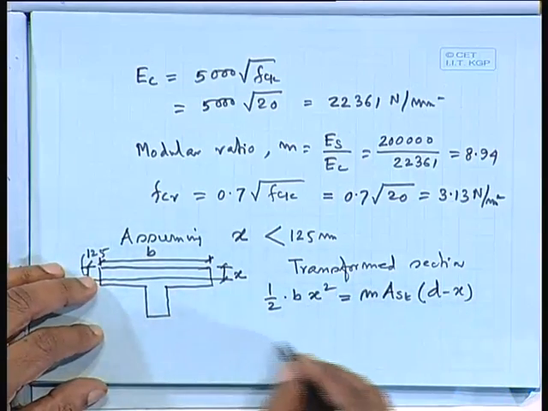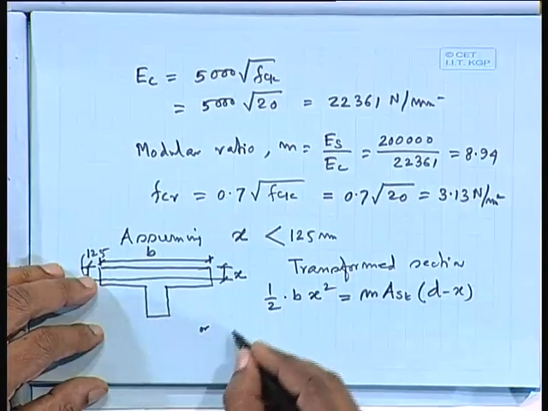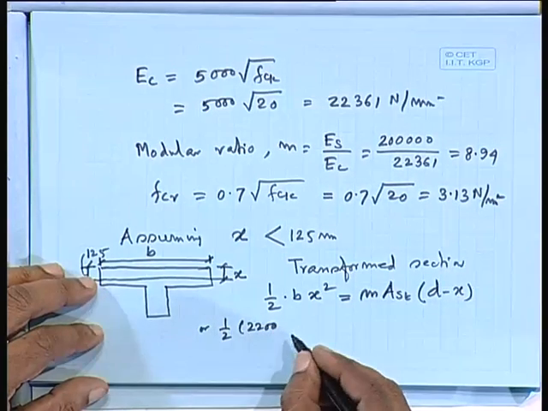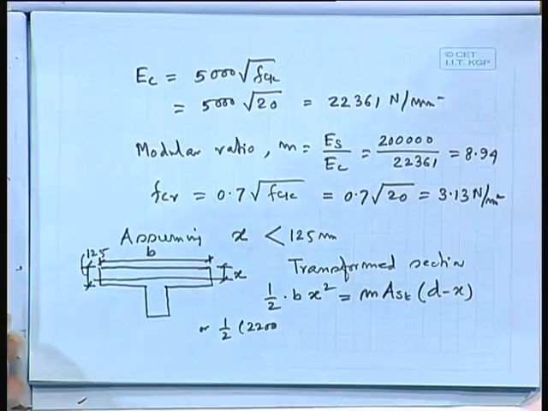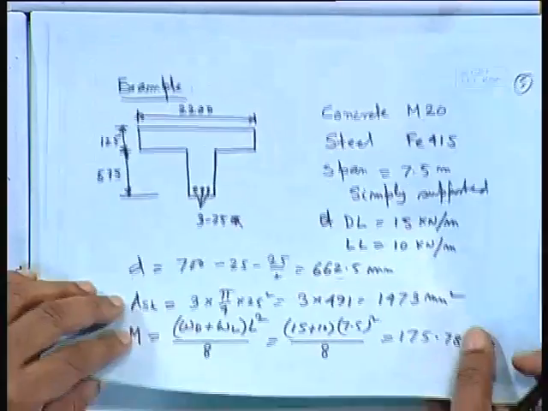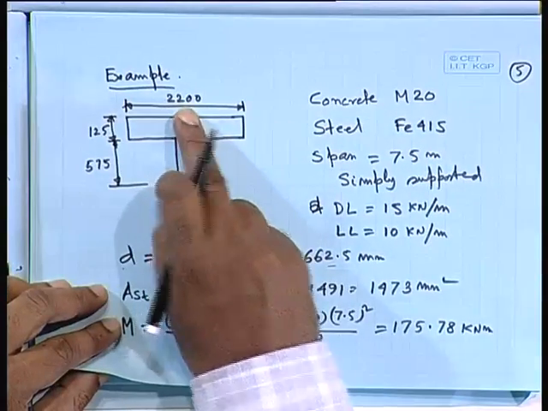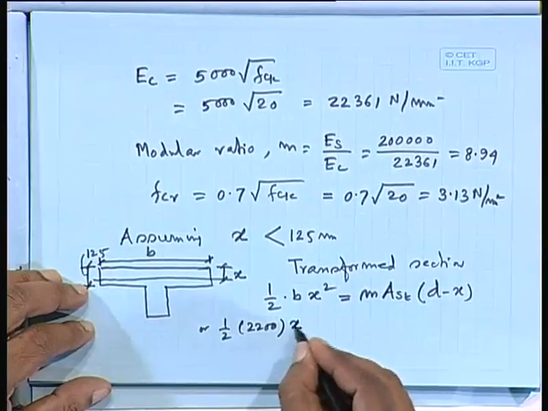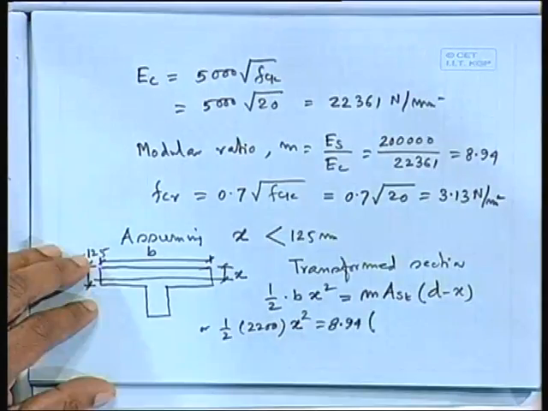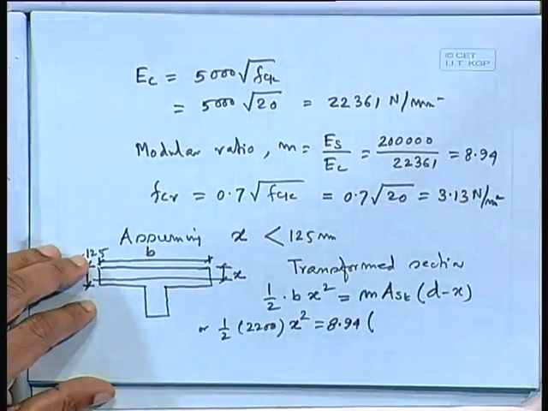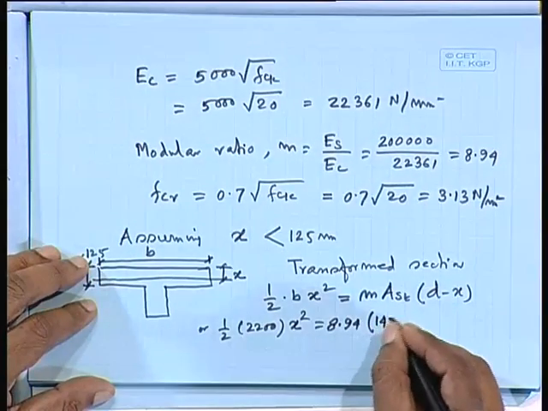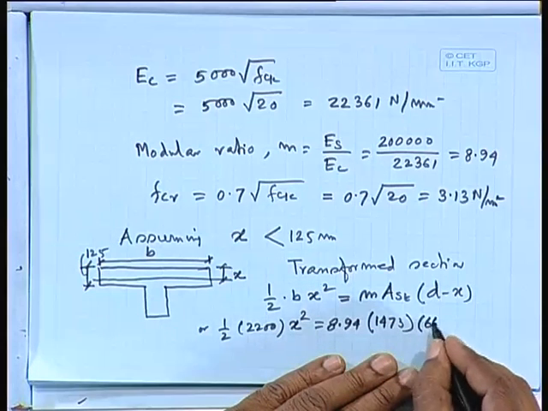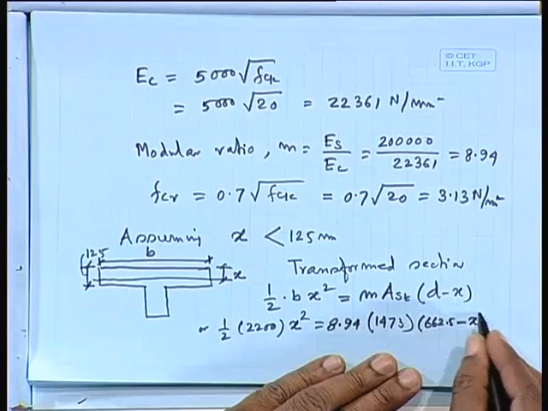So, in our case it will be half, B is 2200, that is what we have given in the problem. Please let me refer back to it. So, this is 2200. B and x I do not know so far, also you have got it. So, 1473. What about depth? Depth is 662.5 minus x.